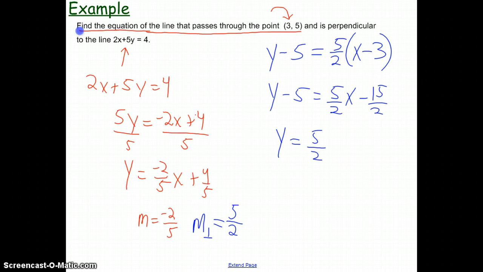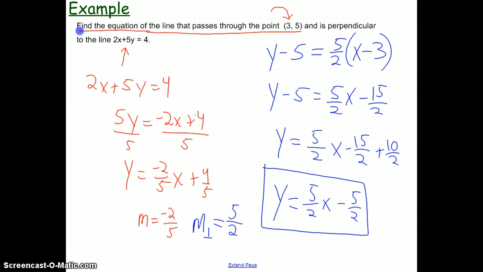So 5/2 x, I'm going to add 5 to both sides, but adding fractions, so I got to get common denominators. So if I add 5 to have a denominator 2, that's got to be a plus 10/2. And so what we're looking at is y equals 5/2 x minus 5/2. There's the equation of our line that is perpendicular to the given line and goes through the point (3, 5).